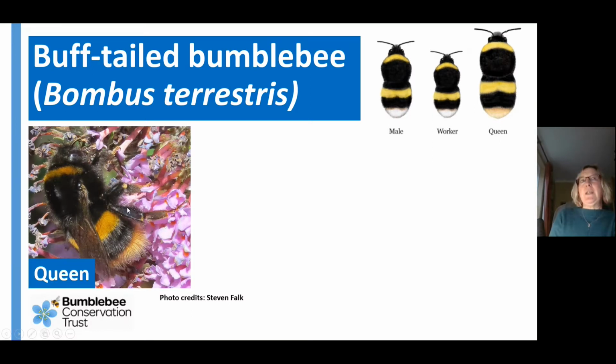So this is a queen buff-tail. They're big, they're bold, they're noisy, very beautiful. And like I said before, sort of buff, dirty, off-white tail and really, really rich, deep yellow, almost orangey stripes. And they can appear quite dark.